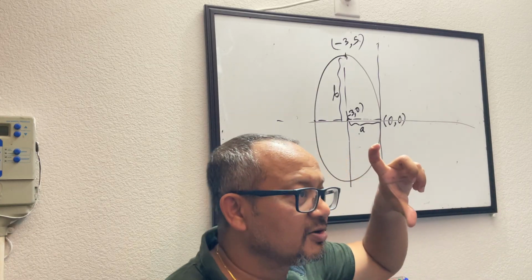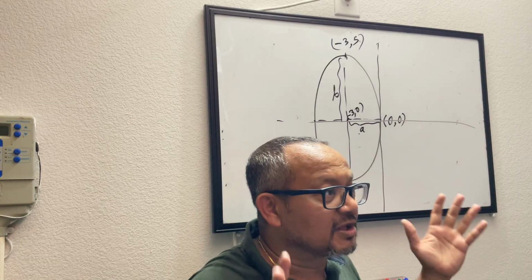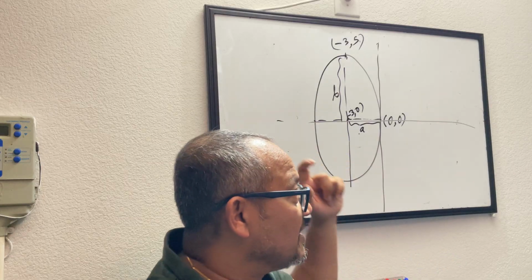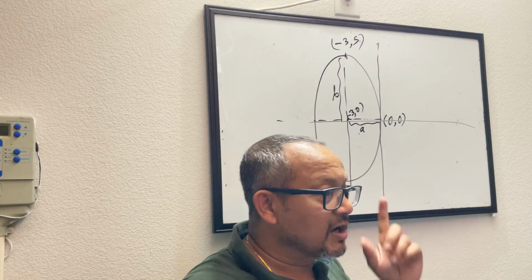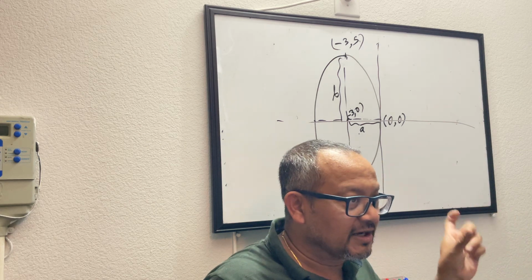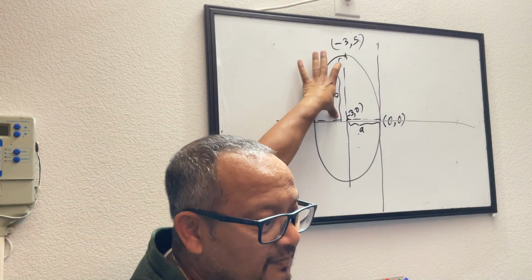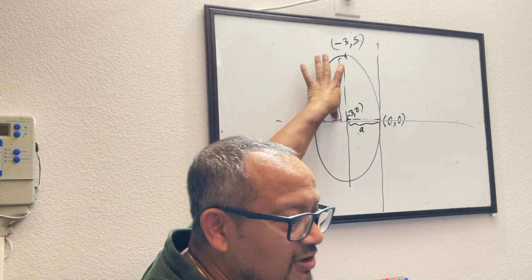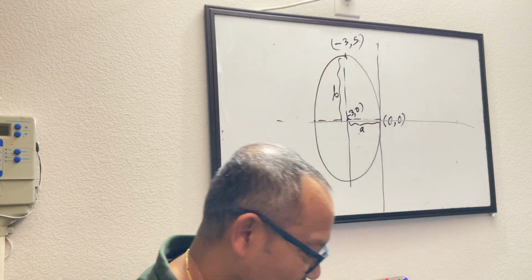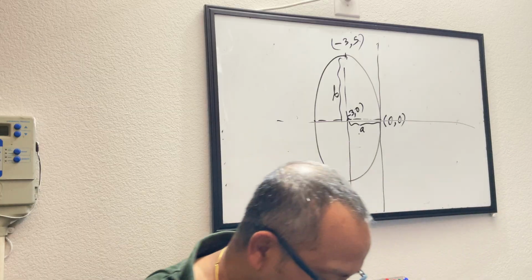B is the radius along the y-axis, when I'm visualizing that with respect to the equation of an ellipse. But the focal length is always along the major radius. So here in this case, if your B is the major radius, the formula will change from a squared minus b squared to b squared minus a squared. And then it's 4. Now you help me find the coordinates of the two foci.